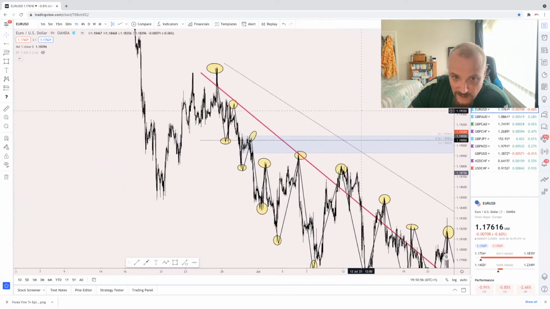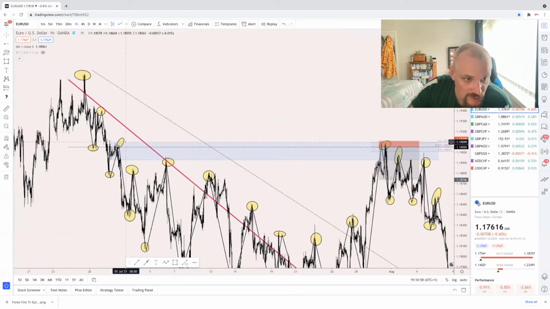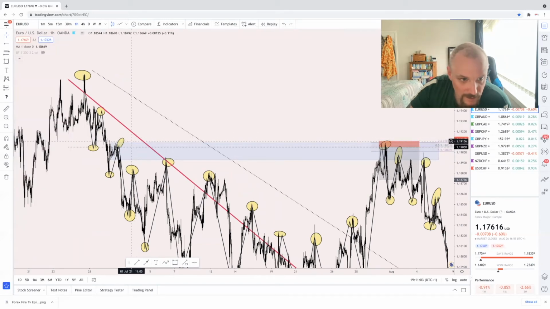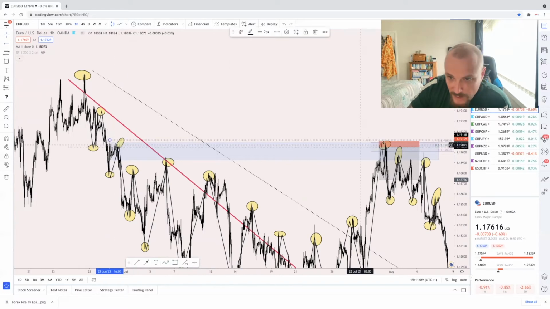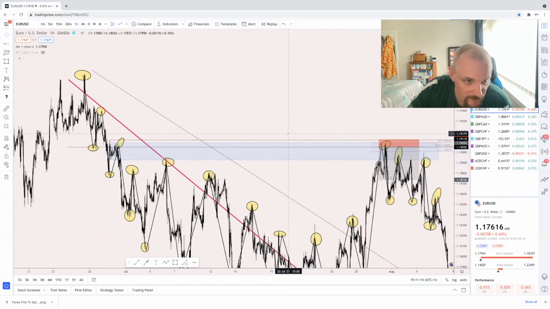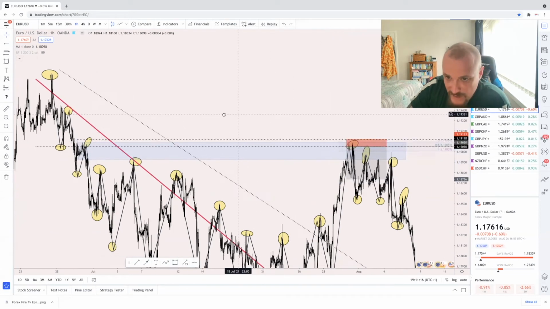Let's just take a look. From this peak, you can see we are just above where the high is. Let's just mark that out. We've got about 7 pips. You can see it's just above this area.